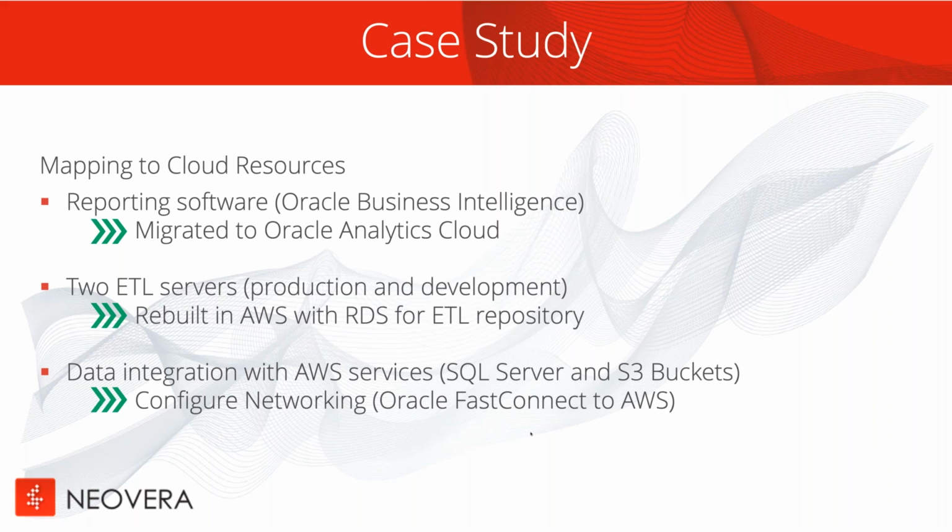And then there are 2 ETL servers. This is one where I talked about the 5 Rs. This was just rebuilt. We basically looked at what was in production and development, a very simple Pentaho infrastructure around that, and a repository, replicated that in AWS, and just basically replaced it.